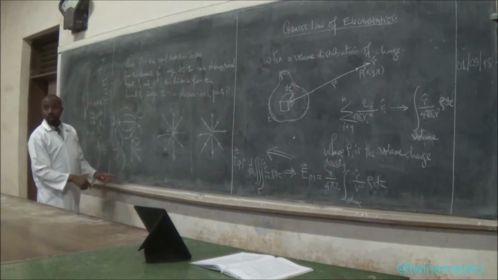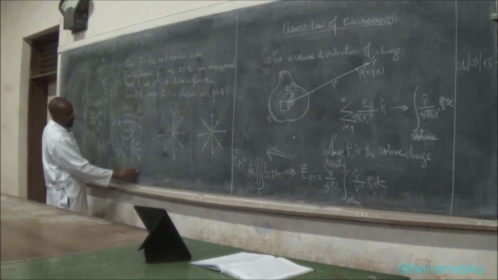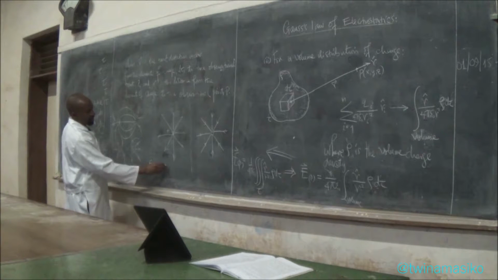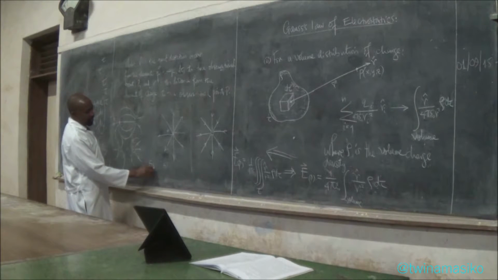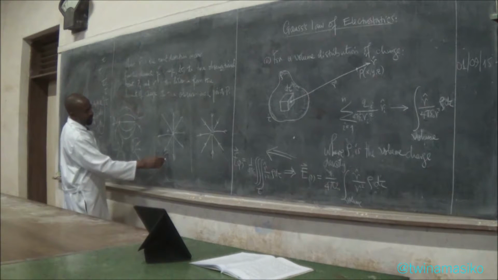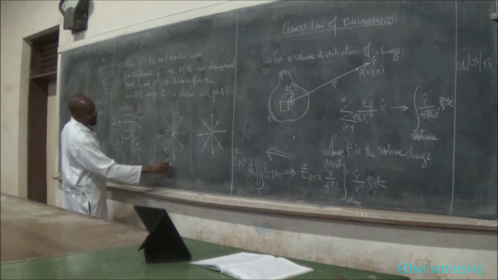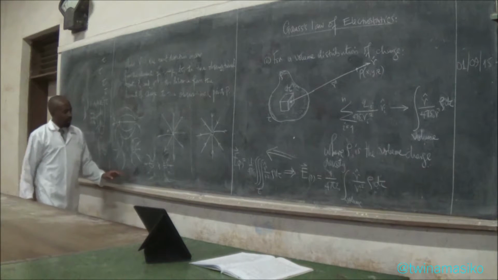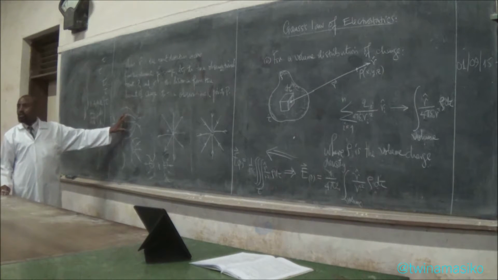The same neutral point would be observed by neighboring negative charges, but now the field lines will be coming in, but still you'll be able to get a neutral point.